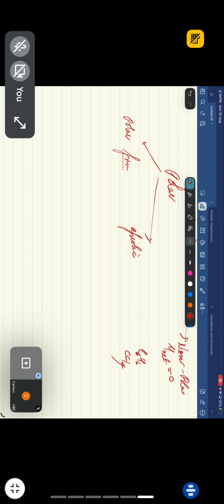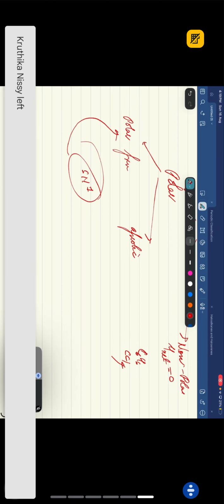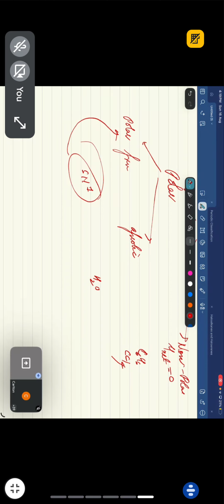If they are not capable of forming hydrogen bonding, they are called polar aprotic. Any doubts here? For SN1 mechanism, which one did we require? Polar protic. Why? So that if there is something like water, it can stabilize your intermediate.